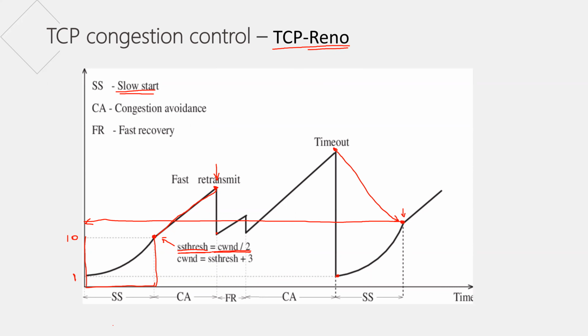So the slow start threshold always depends on the last congestion event, like this one. It could be a timeout, and it could be a fast retransmit.